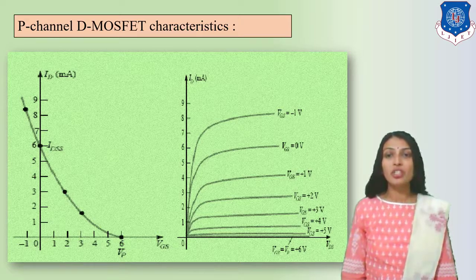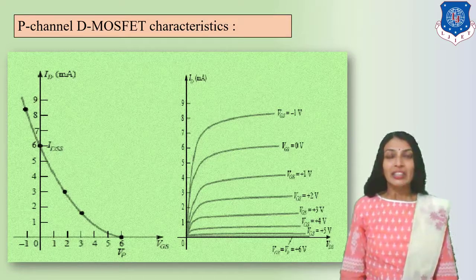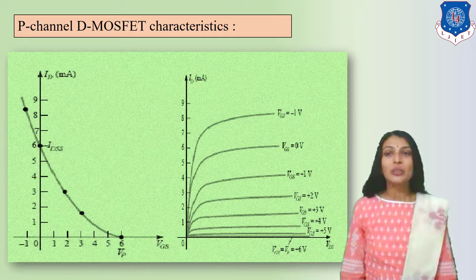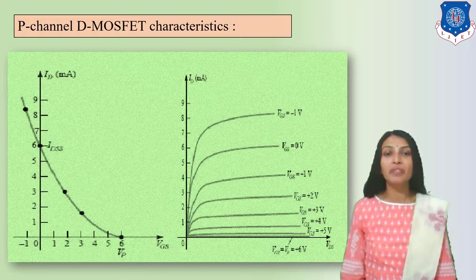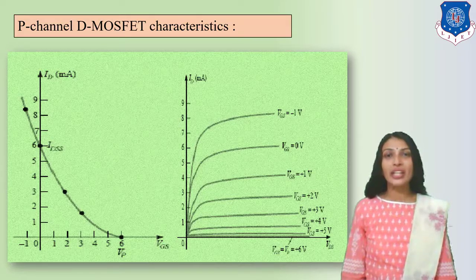Look at this, the first graph: the x-axis is VGS, the input voltage, and the y-axis is the current ID, the output current. And the second graph will be VDS versus ID. So we have two characteristics.